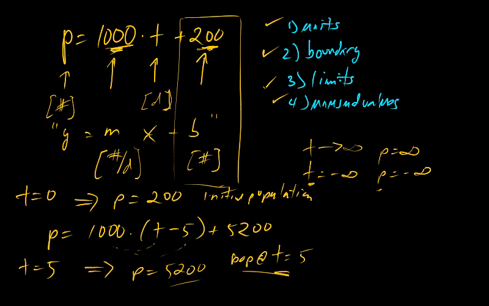Another unusual value, for instance: imagine what happens if time t is equal to, let's say, 0.00001. That means the population becomes 200.1, and we have this odd tenth of an individual there, and so that's an unusual value.